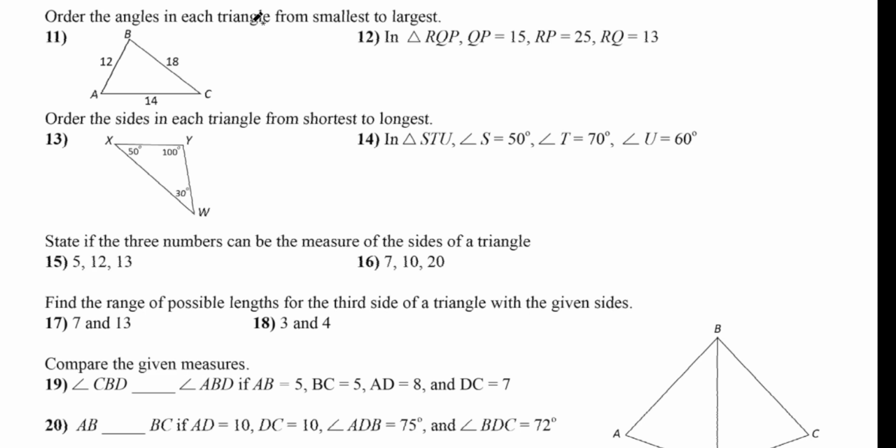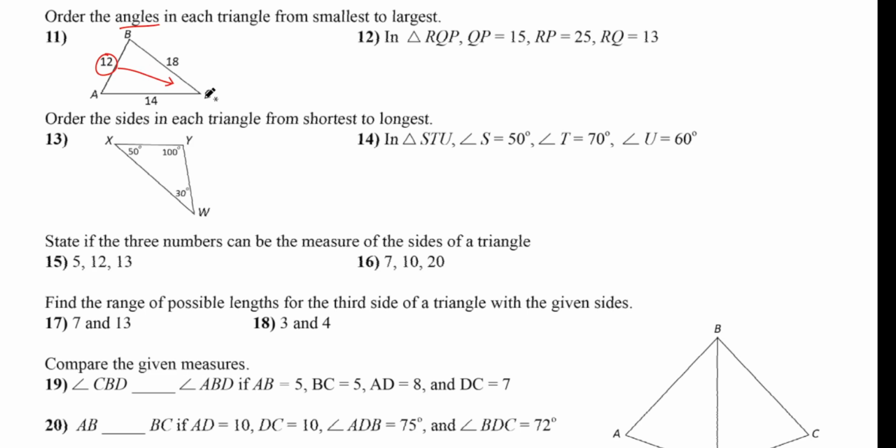All right, what are we going to do here? Order the angles from the smallest to the largest. So how do I know what the smallest angle is in here? Do I need a protractor and sit there and measure it? No, I can look at the sides. What's the smallest side? This 12, isn't it? How do I know which one the smallest angle is? I look opposite, okay?